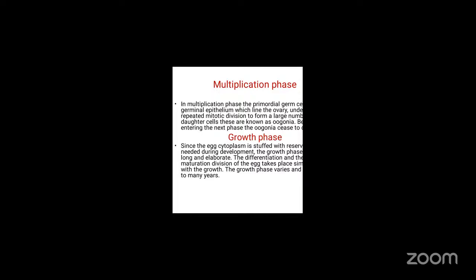So here also, in the multiplication phase during oogenesis, the primordial germ cells of the germinal epithelium, which line the ovary, undergo repeated mitotic division, giving rise to a number of daughter cells, and all these daughter cells are diploid in nature.